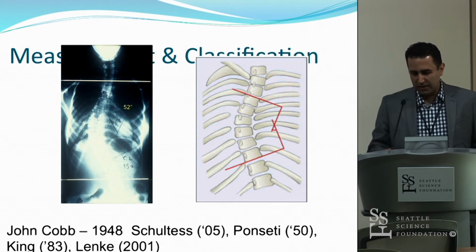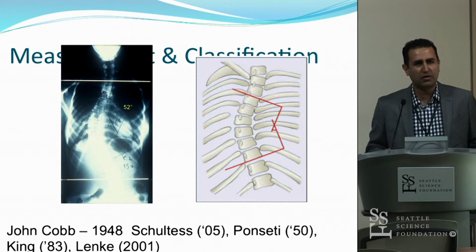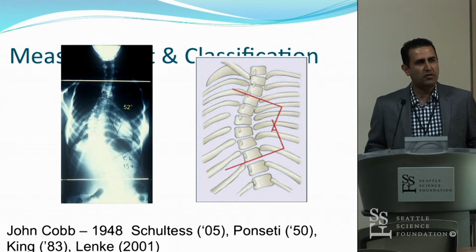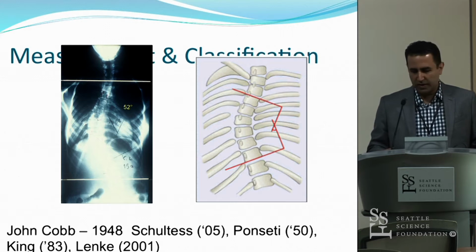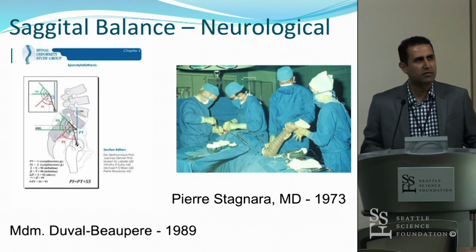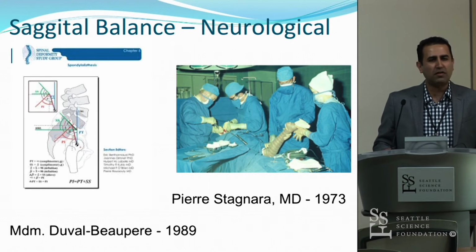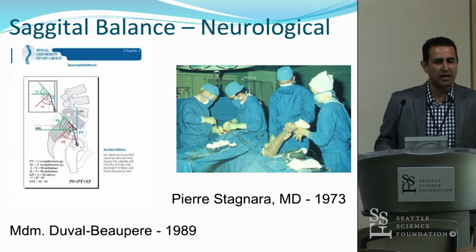And no doubt, as you heard yesterday from Dr. Shaffrey, this is still an evolution because it tends to become cumbersome at times, and we do need to keep it practical so we, as surgeons, can apply it for clinical benefit. But this concept of sagittal balance, which is so important, particularly in adults, is not new.